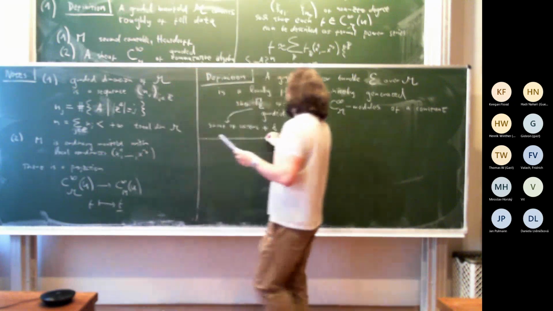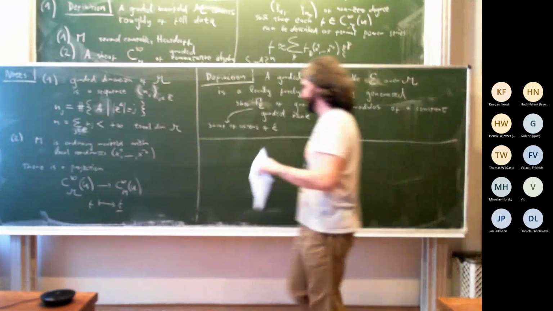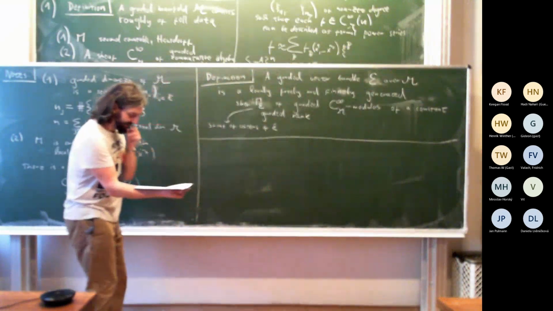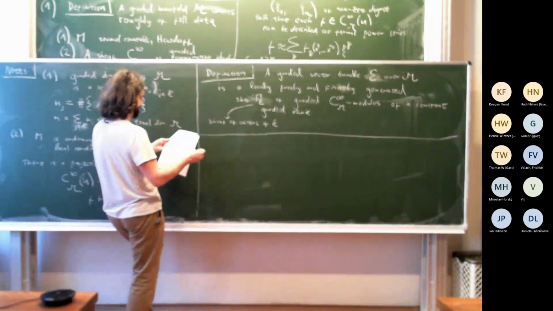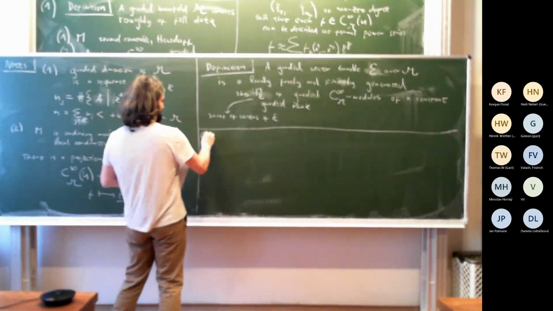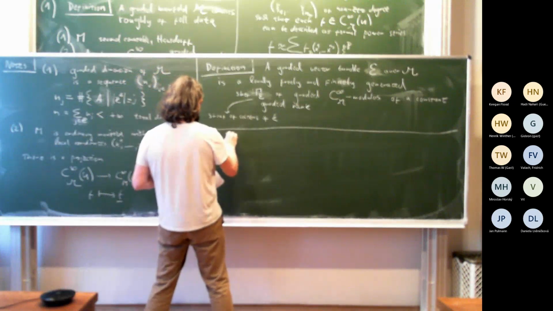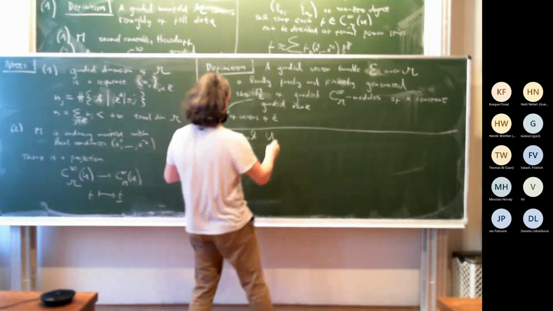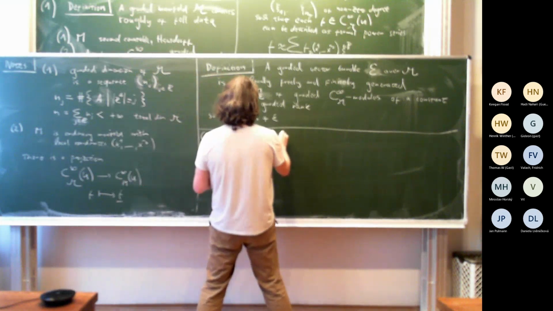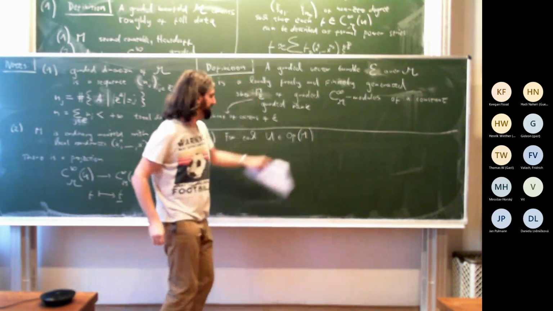Okay, so let me break down this definition now. First of all, for each open subset, so I will write the set of open subsets of M, so U is an element of this.